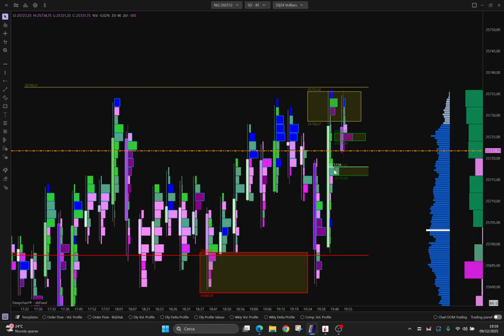At least they will find the first wall here, but they cannot reach. You see how much they are trying. Loading, loading. This is the wall.